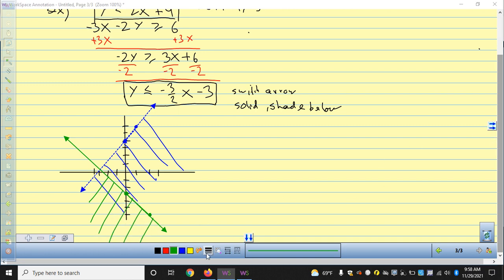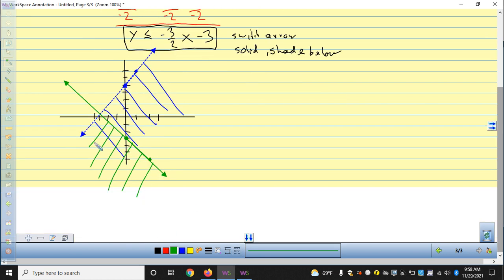So our solution is going to be all this area here where these blue and green lines overlap. So down in this area here.